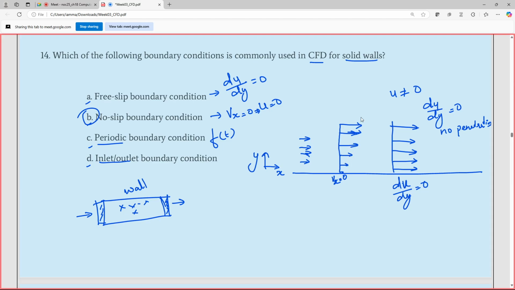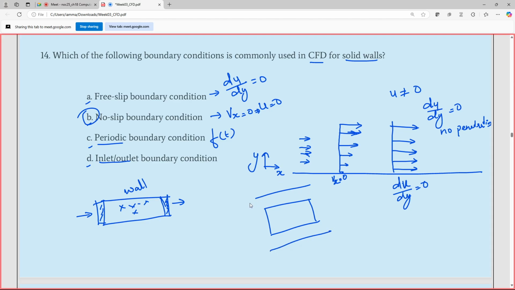This growth from 0 to u maximum, or u infinity, won't be applied there. Suppose this is a fluid domain, a larger part of a larger domain.